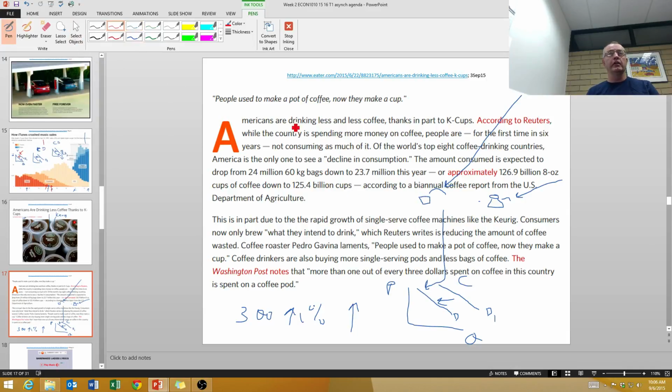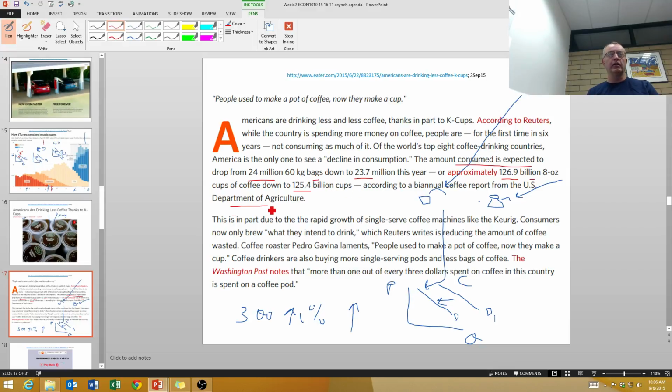So here it is right here. The amount consumed is expected to drop, this is 2015, from 24 million bags down to 23.7 million, and that's equivalent to a drop from 126.9 billion cups of coffee down to 125.4 billion cups of coffee.